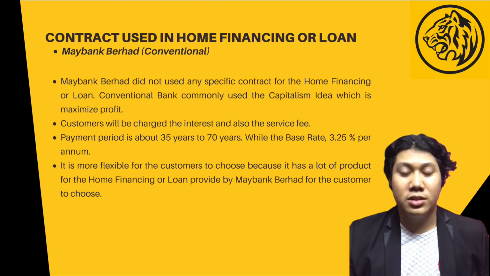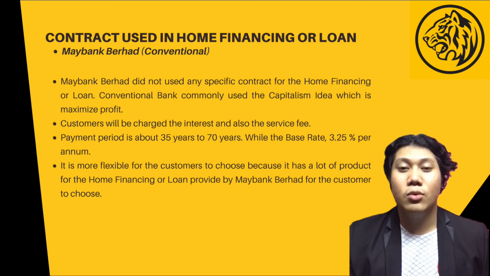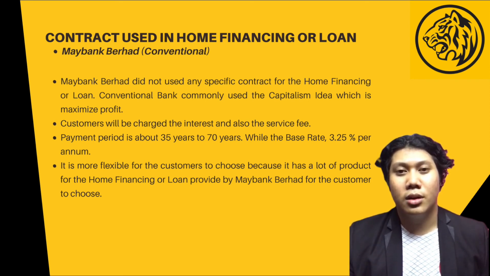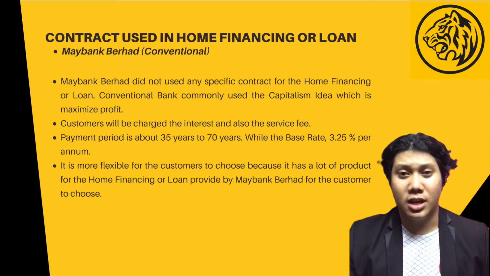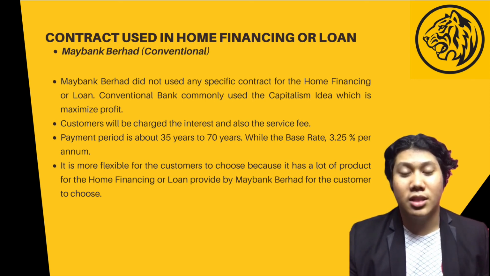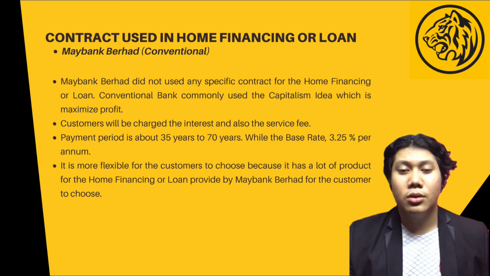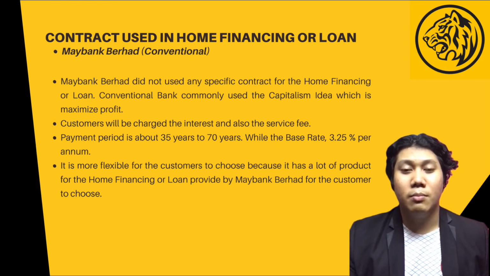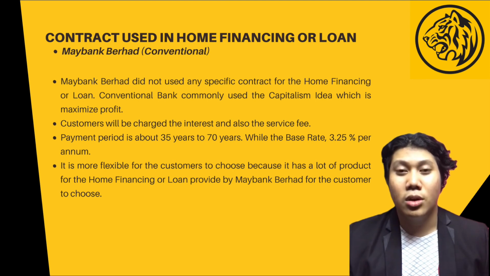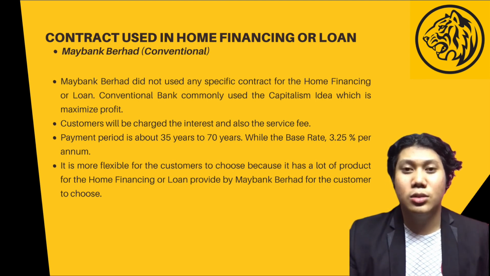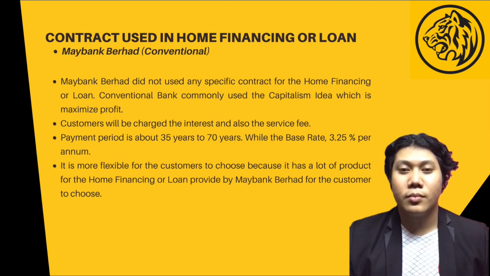But in the conventional bank, the staff will suggest to you the best product or the best loan that you can apply based on your annual income. So for example, if your annual income is about RM 100,000 per annum, the Maybank staff can suggest which product is suitable for your income, so that you can pay it very easily and conveniently.